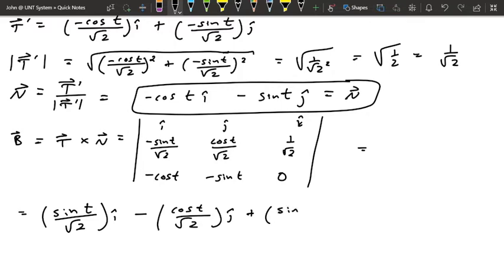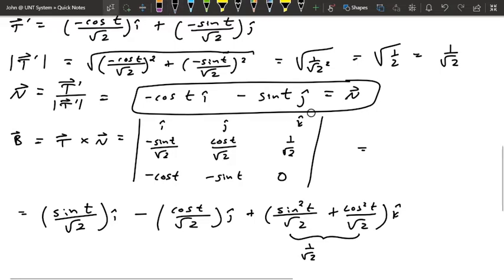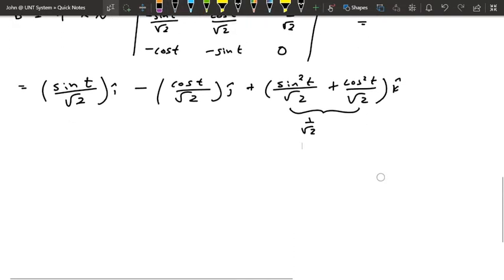sine squared t over root 2 minus negative cosine squared t over root 2. So if you factor out the 1 over root 2, it'd be times sine squared plus cosine squared, which is 1. So I'm making 1 over root 2.